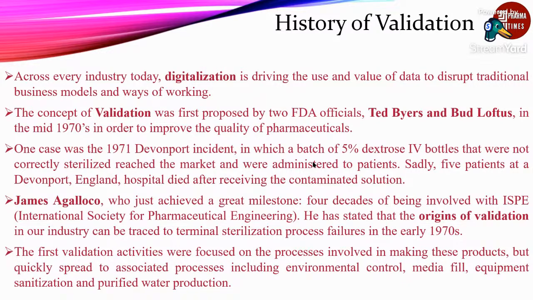These unsterilized bottles were given to patients for recovery from disease. Five patients died due to these 5% dextrose IV bottles. It happened in a Devonport, England hospital, so it's called the Devonport incident.